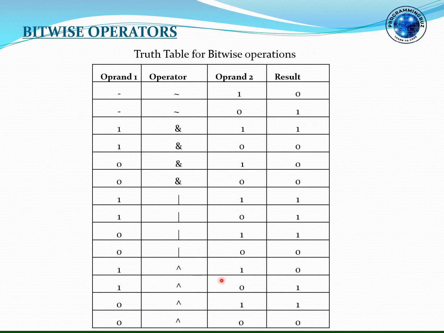If both the operands are different, then the result will be 1. That is, 1 XOR 0 is 1 and 0 XOR 1 is 1. So this is about the results of the bitwise operators, which we will require for doing the bitwise operations in our next slides.